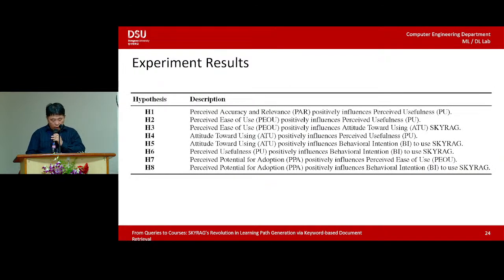To validate the TAM, technology acceptance model, structure of our model, we assess the model fitness and the model reliability using several standard fit indices.